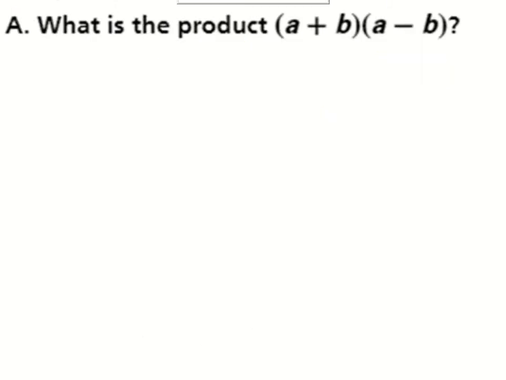Now, we also have a special case when we multiply products that look like this. So let's see what this one looks like. So now I have a plus b and a minus b. So this is not a plus b squared. This is a plus b and a minus b. So if I look here, let's do distributive property here. A times a is a squared. A times negative b is negative ab, because now it's negative because I have a negative b right here.